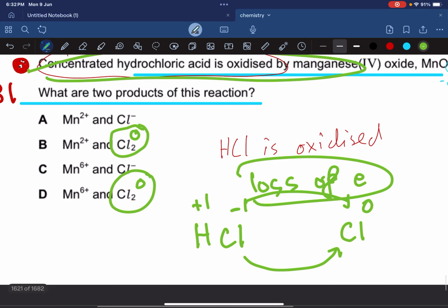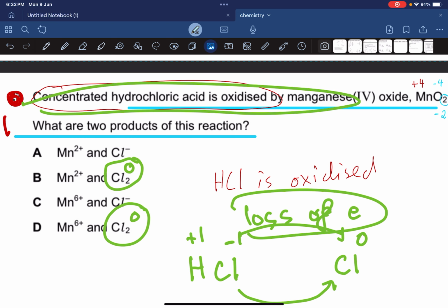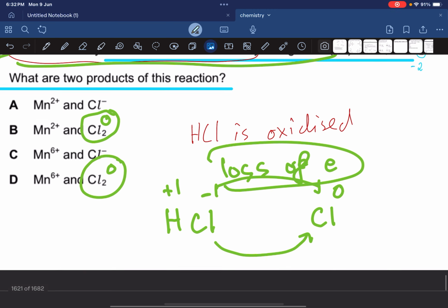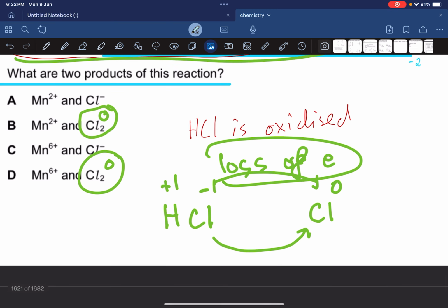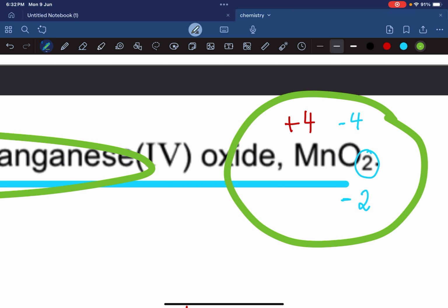Now if HCl is oxidized by manganese oxide, then manganese oxide must be reduced. Because if one thing is oxidized, the other has to be reduced. How can I reduce this? It has a charge of plus 4. Reduction means a decrease in oxidation number.